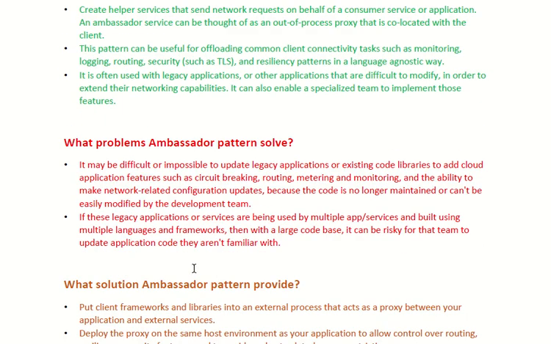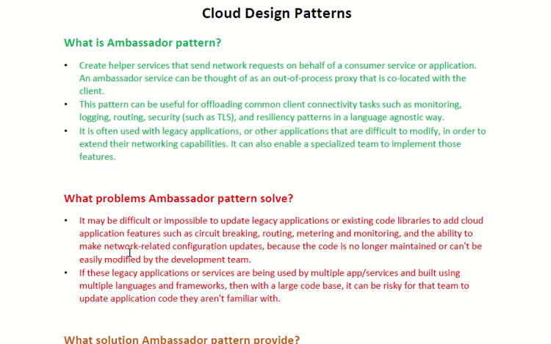So, what problems does the ambassador pattern solve? It may be difficult or impossible to update legacy applications or existing code libraries to add cloud application features such as circuit breaking, routing, metering, and monitoring, and the ability to make network-related configuration updates, because the code is no longer maintained or available or can't be easily modified by the development teams.